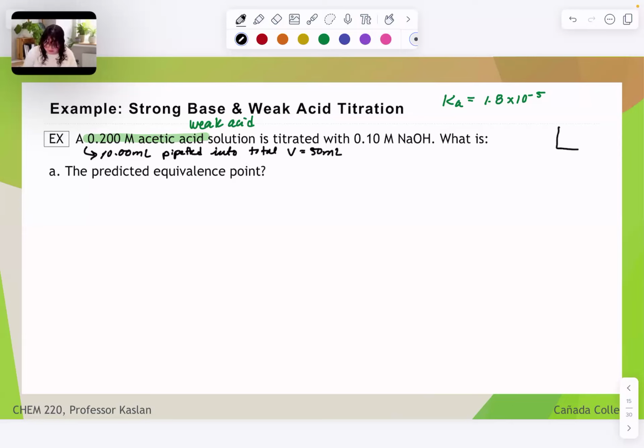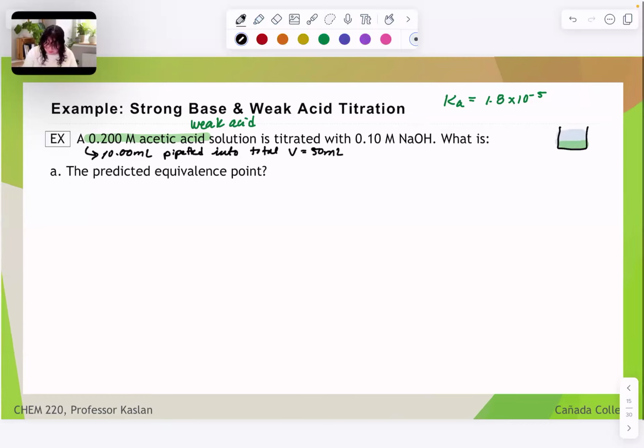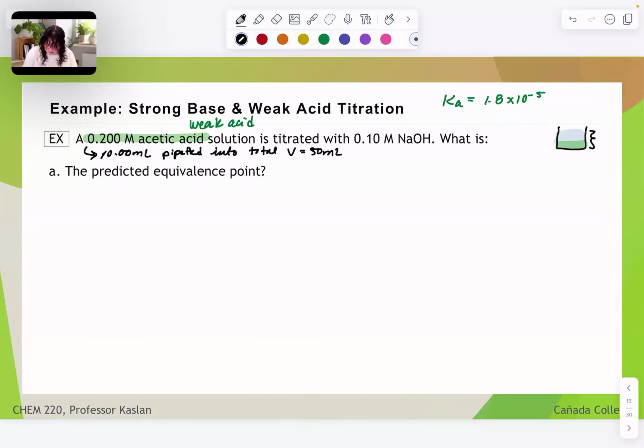So this is looking something like this. We've got our 10 mils of our acetic acid, and then we added some water to that sample to a total volume of 50 mils.